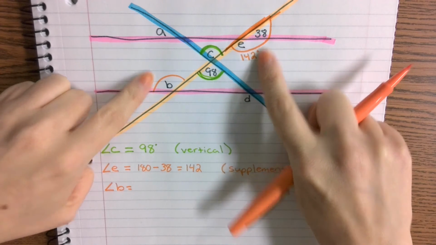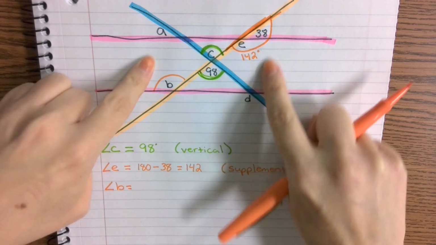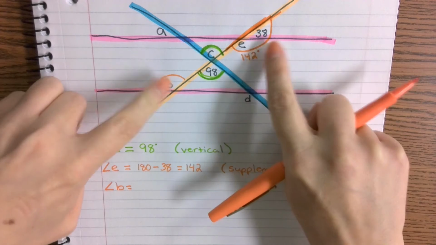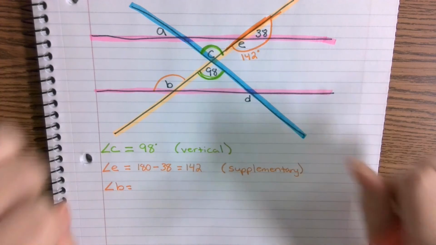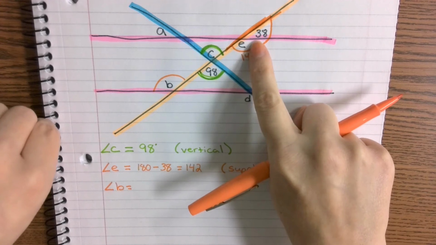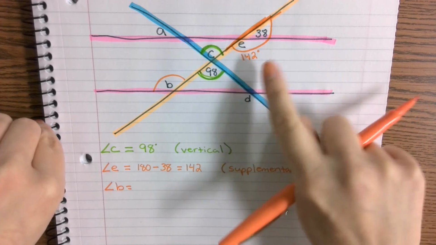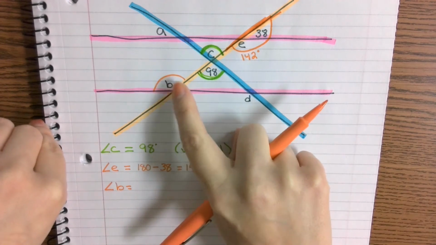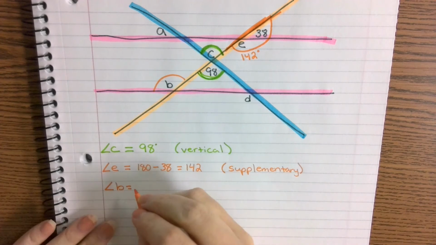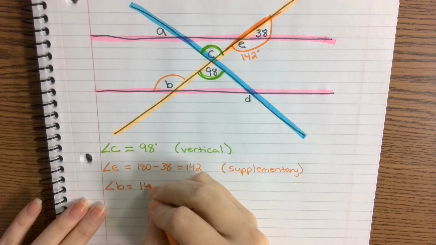They're both inside of the parallel lines, and they are on opposite sides and opposite ends of the transversal. E is on the top right inside, B is on the bottom left inside. So they are equal to each other.